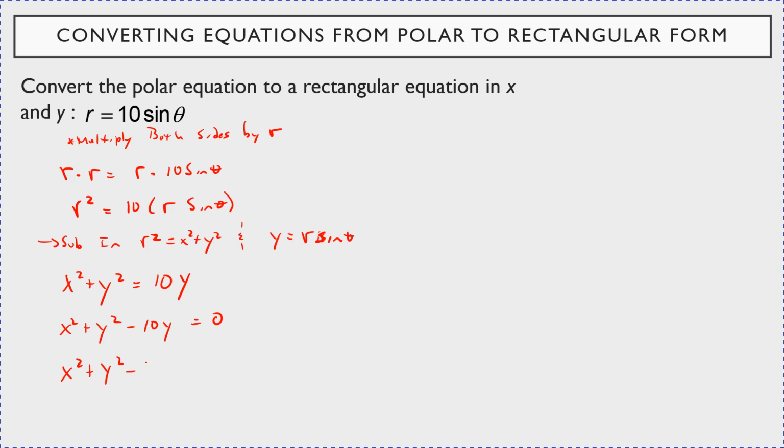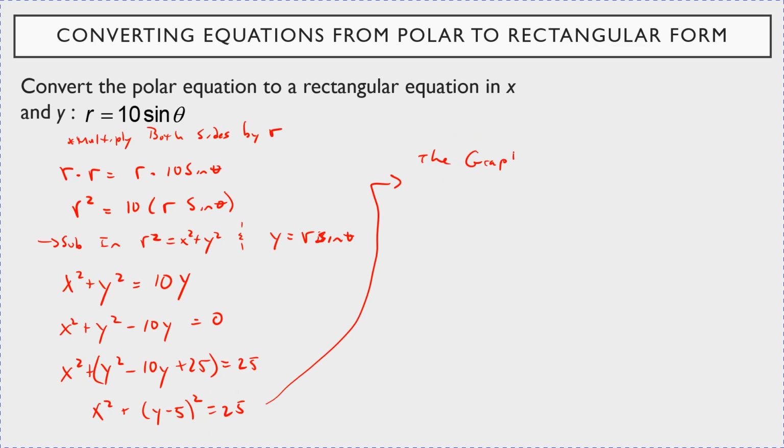If I were to add 25 to each side, this here is a perfect square, and it just becomes x squared plus y minus 5 squared is equal to 25. Well, 25 is 5 squared. So the graph of this is just a circle with radius 5 centered at the point 0, 5.